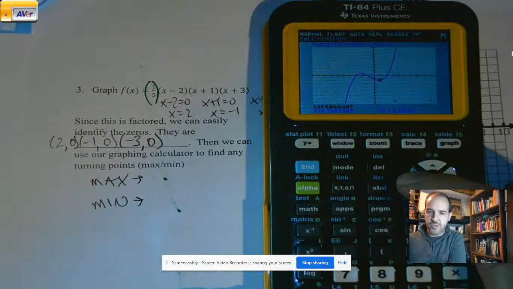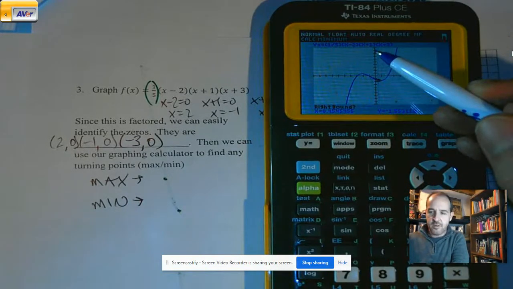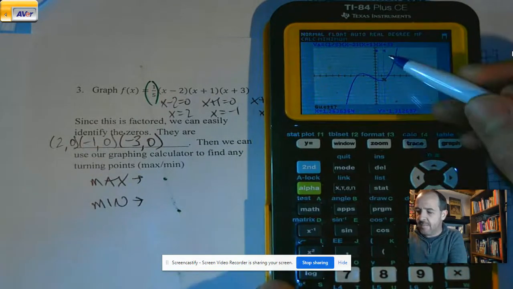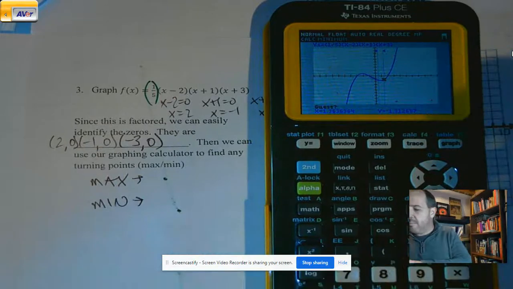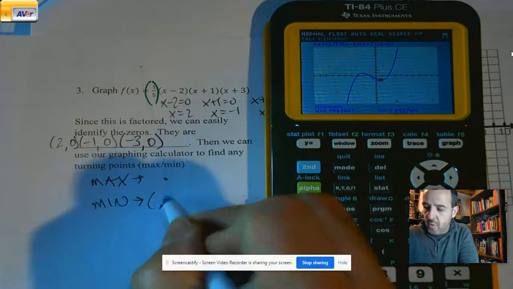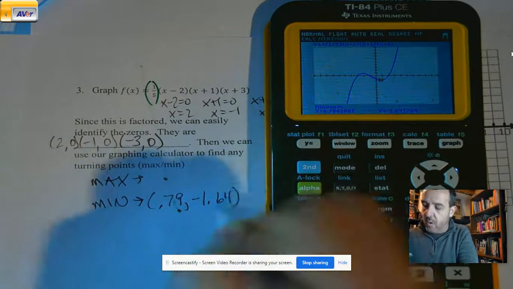Left arrow. 1, 2, 3. Enter. There's my boundary, my left boundary. 1, 2, 3. 4, 5, 6. Enter. There's my right boundary. And one more enter will get me my min at 0.79, negative 1.64.